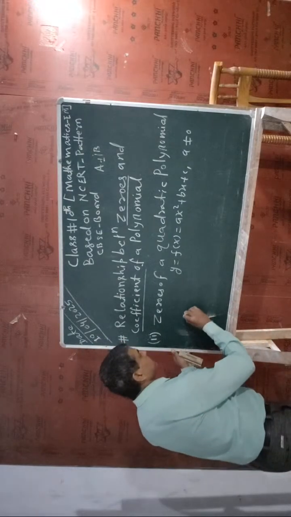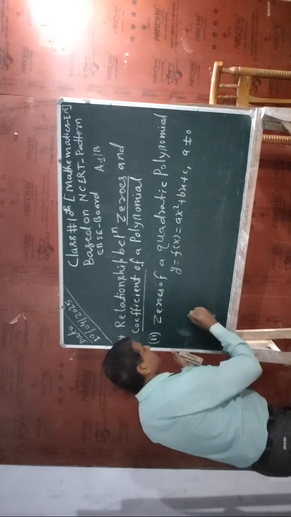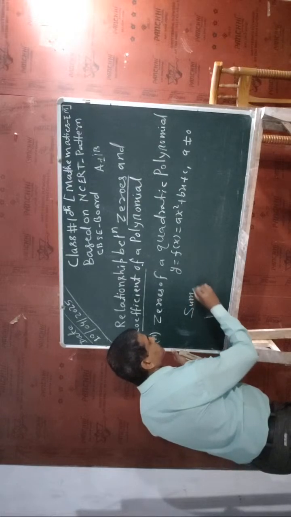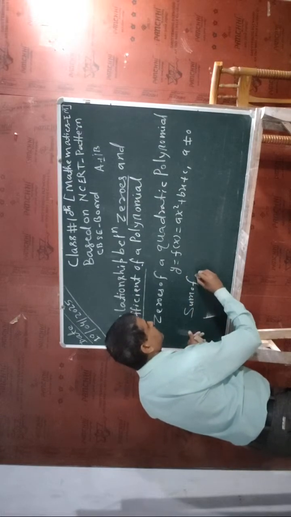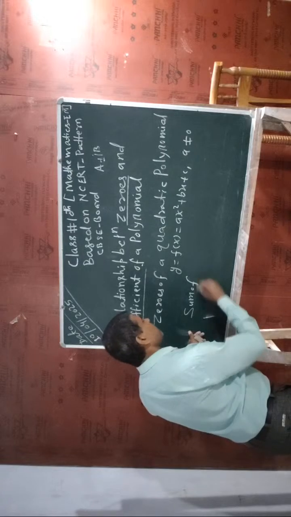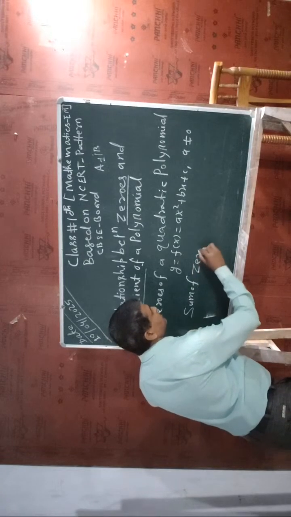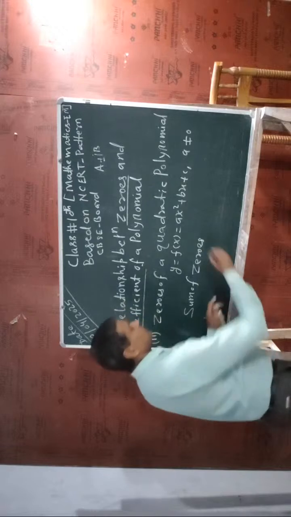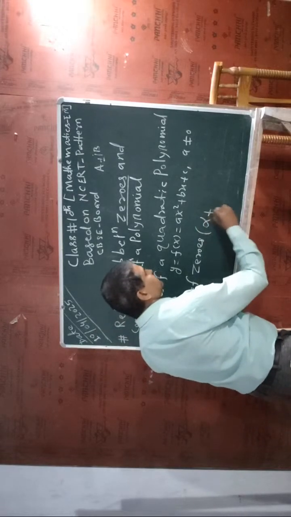In this case I will write sum of the zeros. In the bracket I will write alpha plus beta.